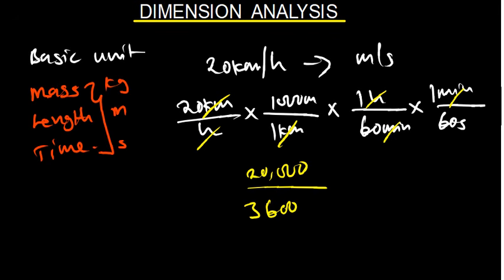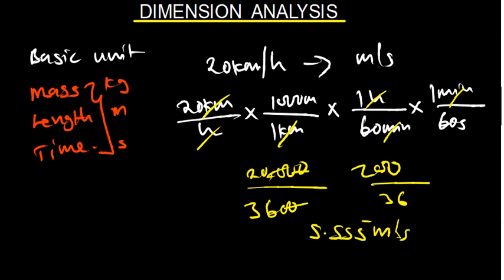We can cancel the zeros, so we are remaining with 200 divided by 36. Using the calculator, 200 divided by 36 gives us 5.555 meters per second. So you can just say it's 5.56 meters per second.